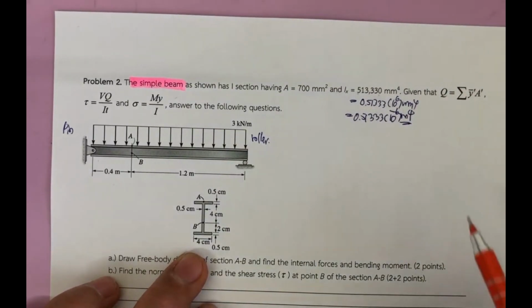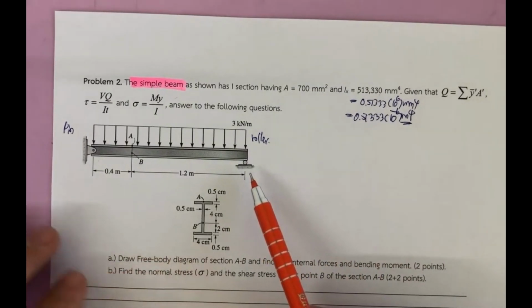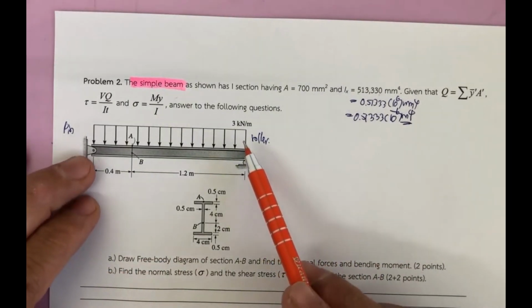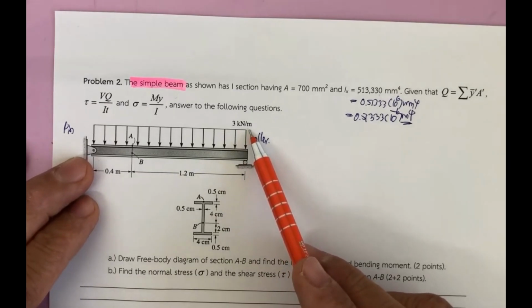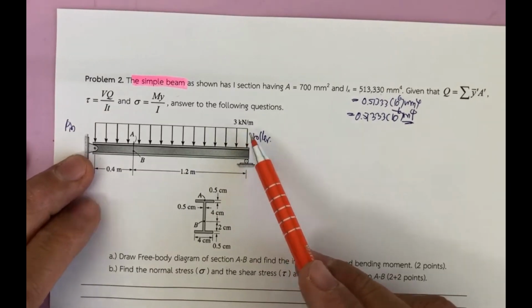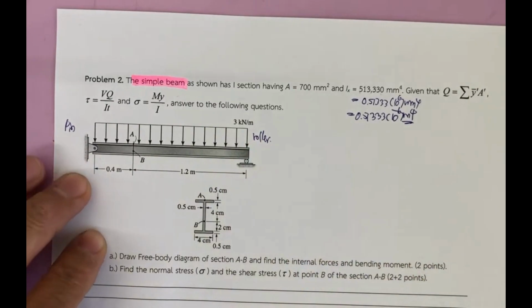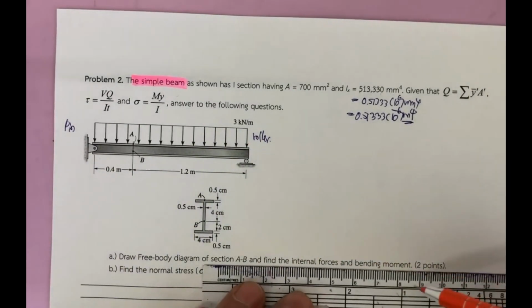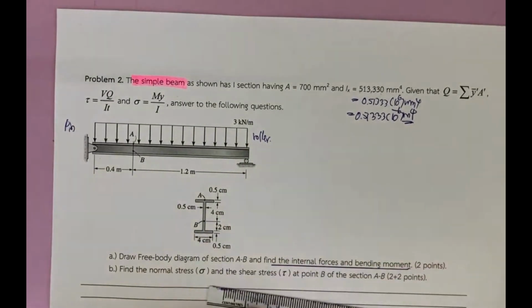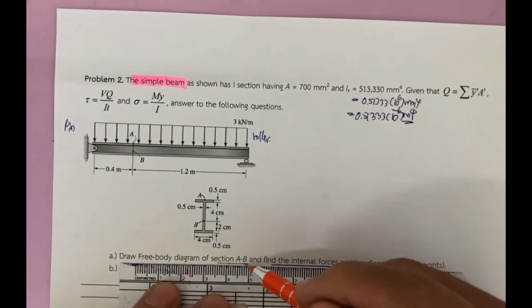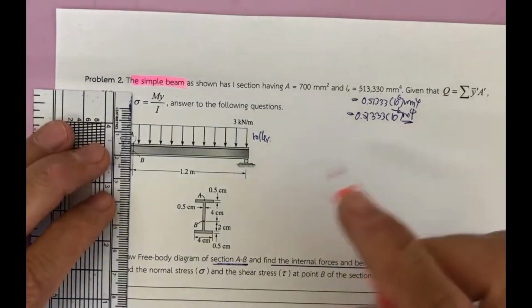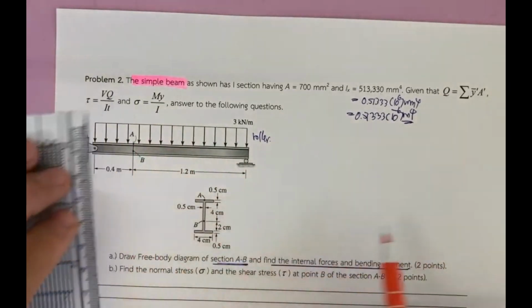And this beam is subjected to the loading of 3 kilonewton per meter. By doing this, they ask us to determine the internal force and the internal moment that occur on the section AA. That means they ask us to determine this.